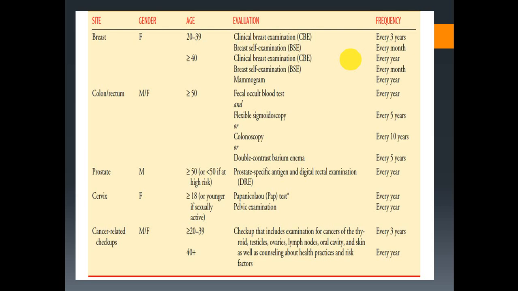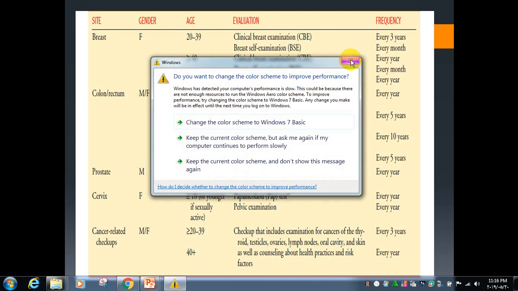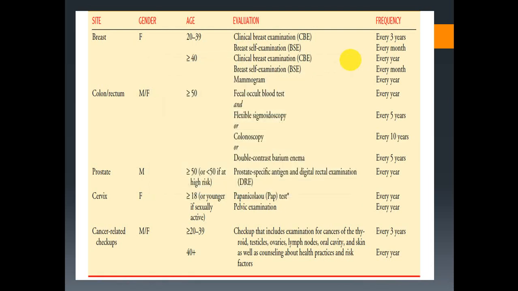Prostate specific antigen above 50, or below 50 for persons at high risk, should be done every year. Also, for the cervix, as mentioned in this picture, the cancer related checkups in male and female should be every 3 years below 40 and every year above 40.